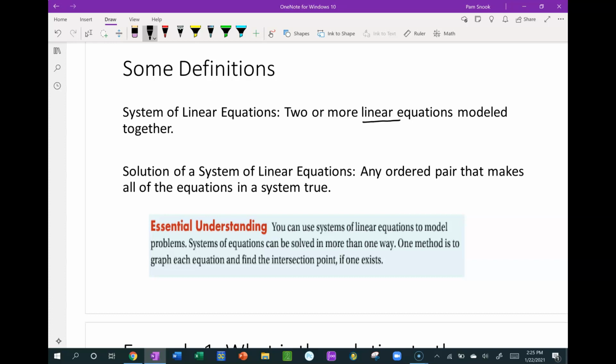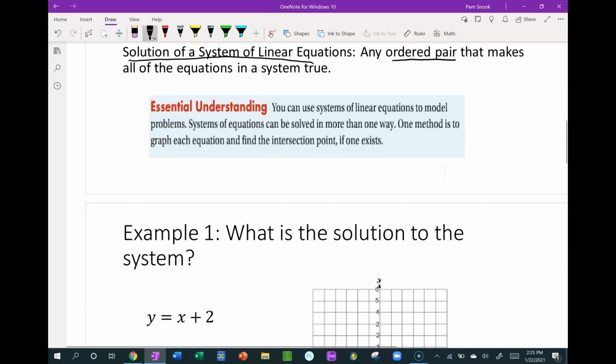And your answer is going to be an x that works in both equations and a y that works in both equations. And so the solution to a system with linear equations is any ordered pair, so that's the x and the y, that makes all of the equations in that system true. So the x works in both and the y works in both.